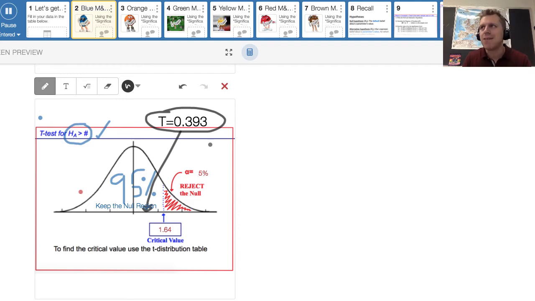What it means is that if we actually had 24% M&Ms, like in the population of ratio of these M&M bags, that getting something like 20.8% is not that crazy. It's not crazy enough that I should reject the belief that 24% of the M&Ms are blue.